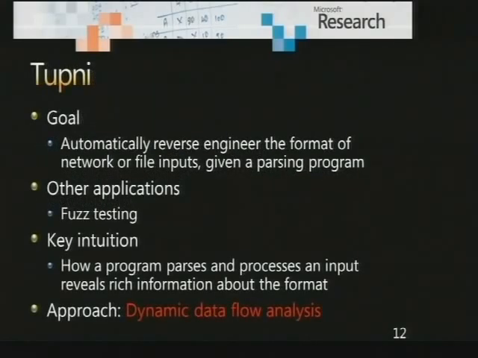So the goal of Tupni is to automatically reverse engineer the format of network or file inputs given a parsing program. Tupni can be used not only for vulnerability signature generation, but also for fuzz testing.